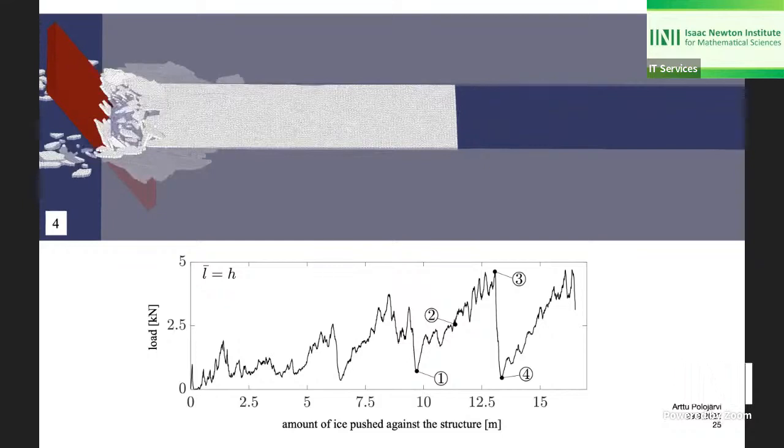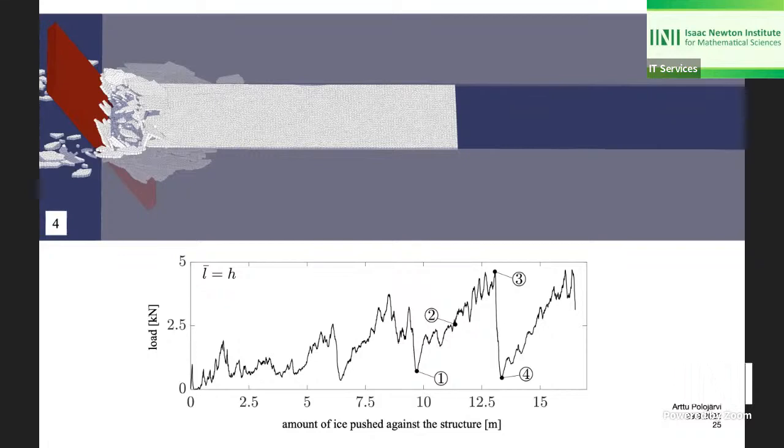So in a way, it's quite intuitive that this would cause high loads: you basically pile up ice against your structure, and then this ice is eventually going to give up, and things are going to submerge, and then this process starts again. And of course, all the time this rubble pile is getting bigger, and that basically explains this increasing trend. There is more support to this ice sheet there.